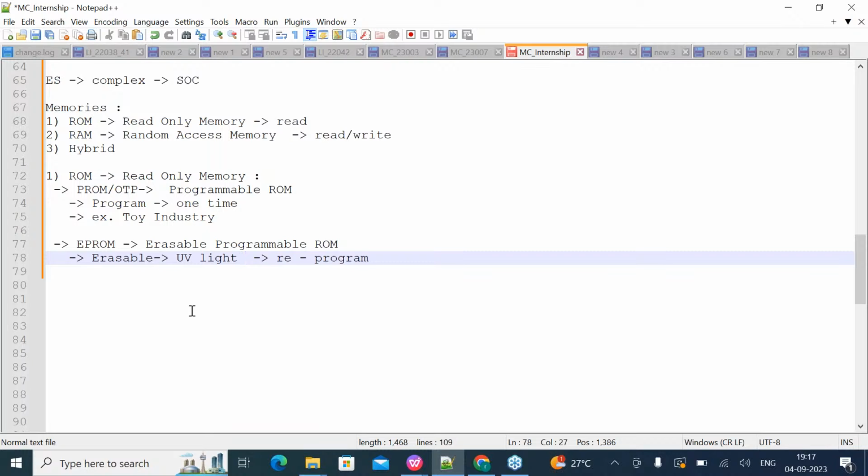Now the question arises: though it is erasable and reprogrammable, why is it coming under the read-only memory category? Let's say you purchase a product which contains an EPROM, and you want to erase the data from that EPROM. At your home, are you going to pass UV light and erase that memory? Is it feasible?